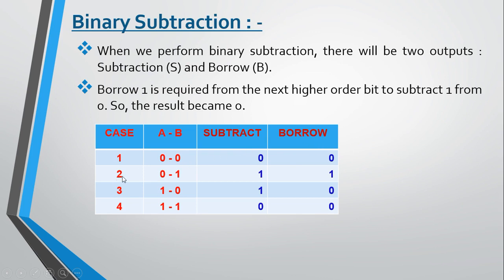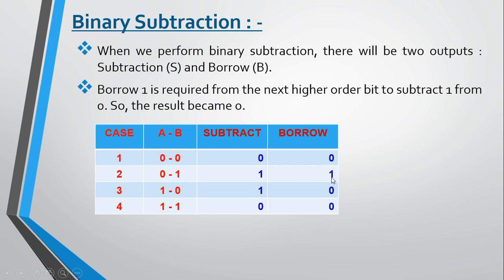Similarly, for the second case, if the first variable is 0 and the second variable is 1, you are not able to perform subtraction, right? From 0 you cannot subtract 1.